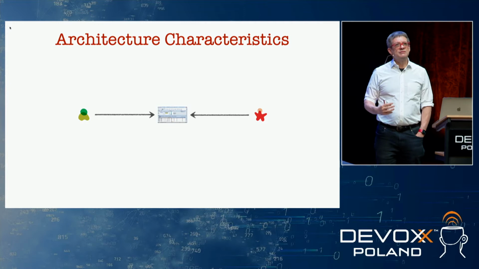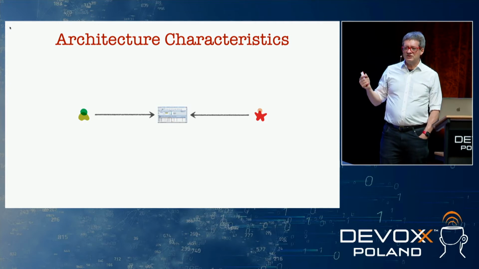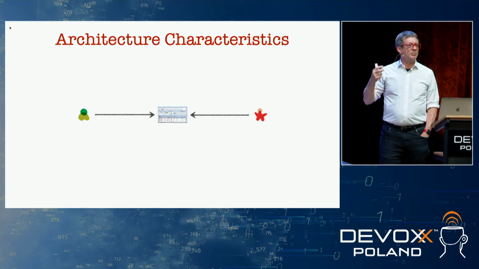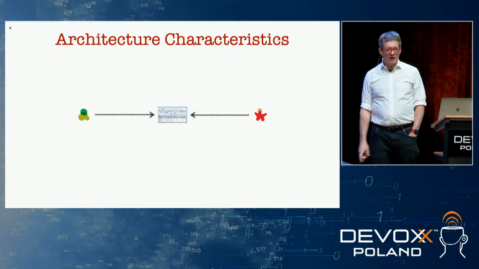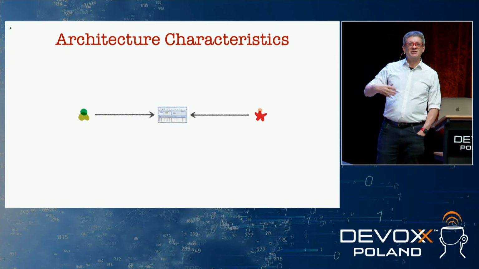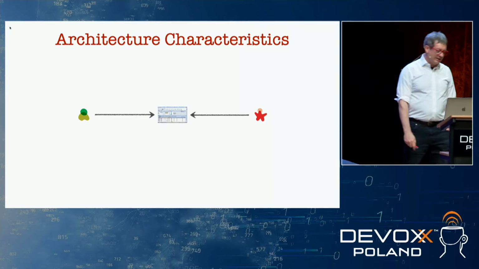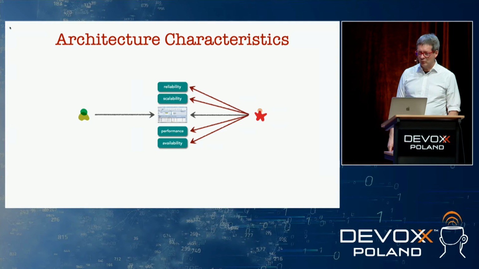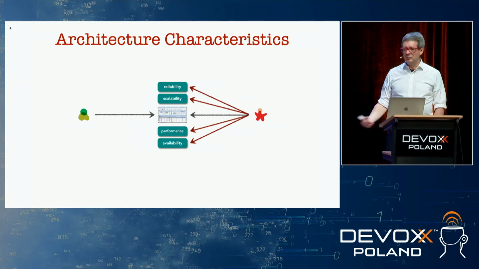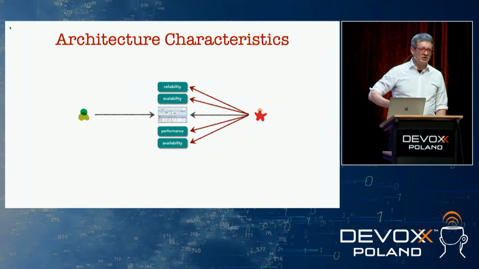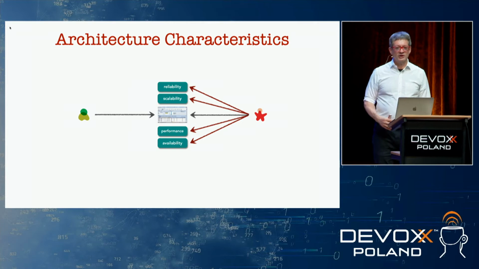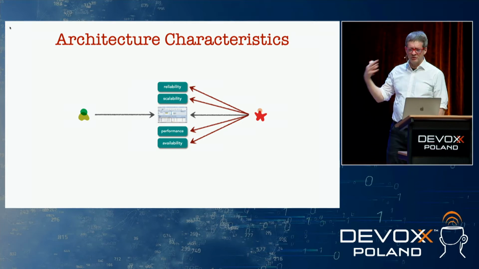So let's say you've got a problem and you've decided, I'm going to write some software to solve this problem. And so you have a problem domain that you have requirements for, and you obviously have to design for that. What I'm talking about are all the other things that you have to design for: reliability, availability, performance, scalability, deployability, modularity, security, all the ilities of software architecture. This is what we call architecture characteristics.